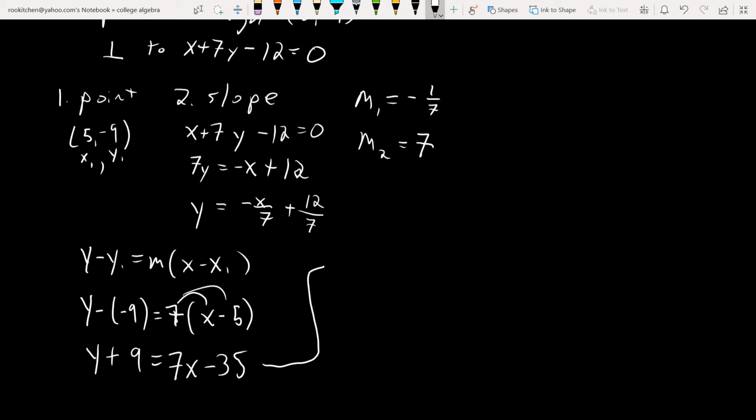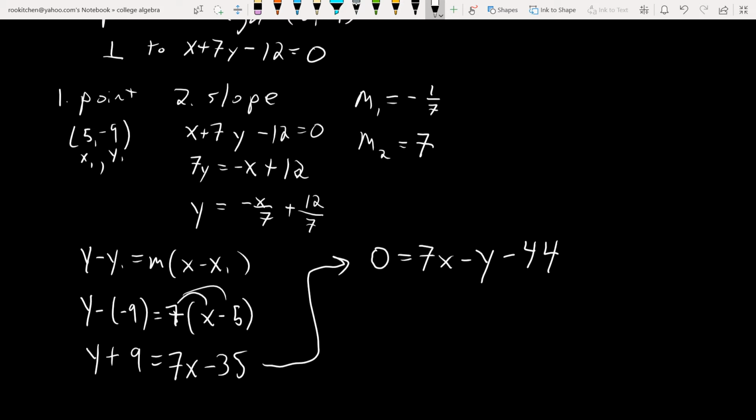And then I'm going to move the y and the 9 to the right-hand side. Okay. So I'll do it in steps. So here I have 0 equals 7x minus y, and then minus 35 minus 9 is minus 44.